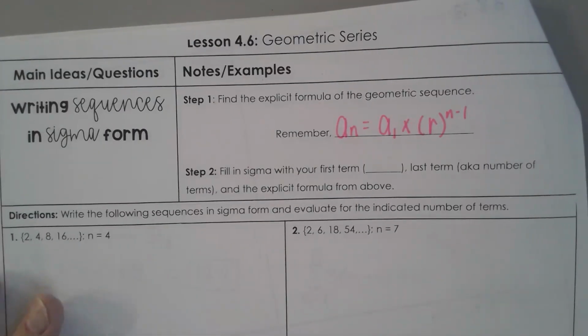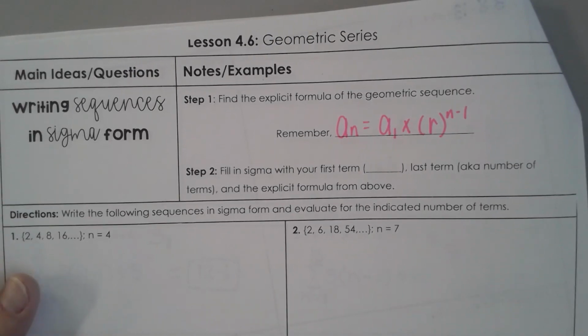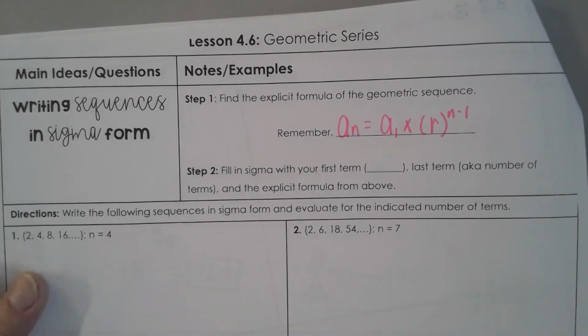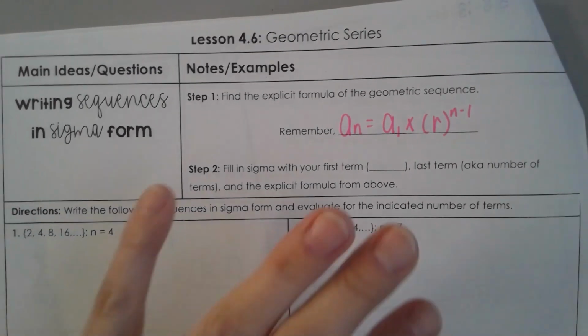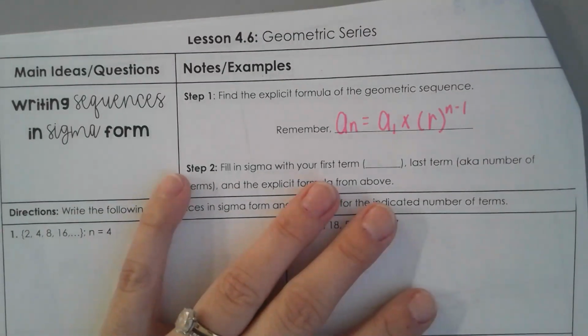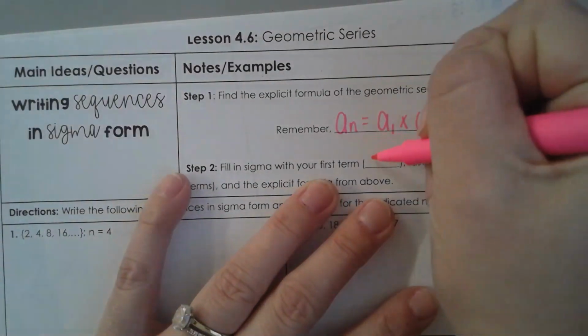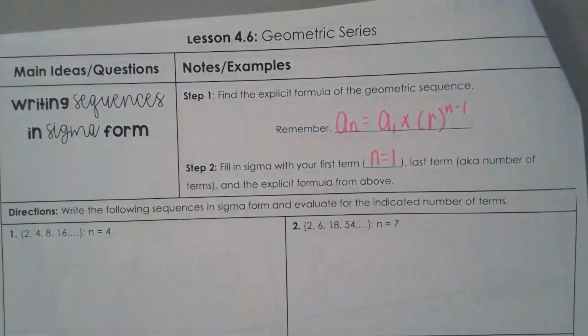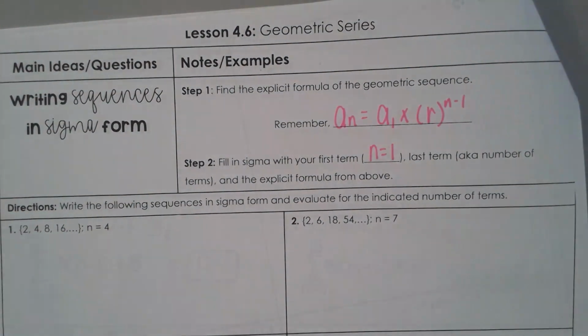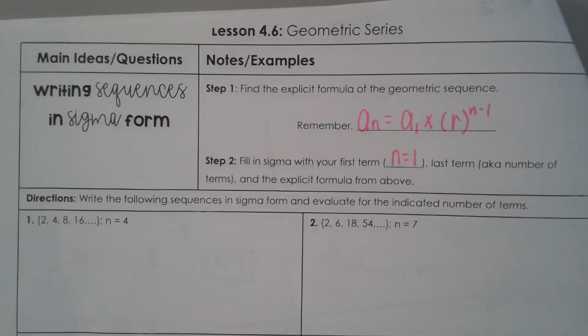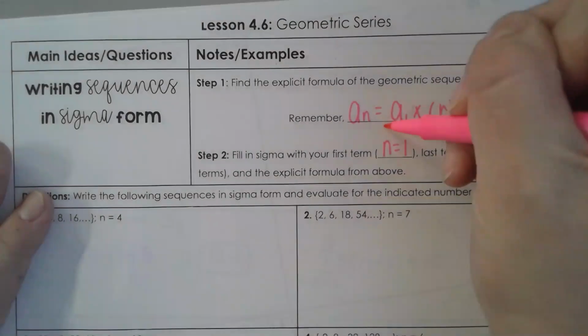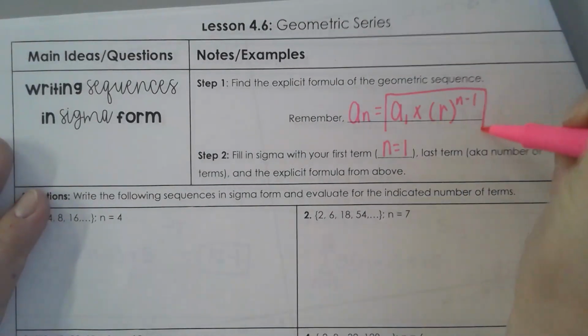And when we're finding the sum, what special symbol do we use? Sigma. And what goes at the bottom of sigma? N equals 1. Then at the top is however many terms you're adding together. And then to the side is where you put this formula.